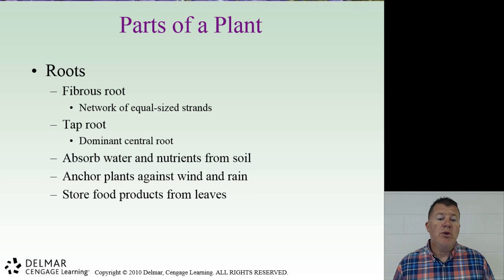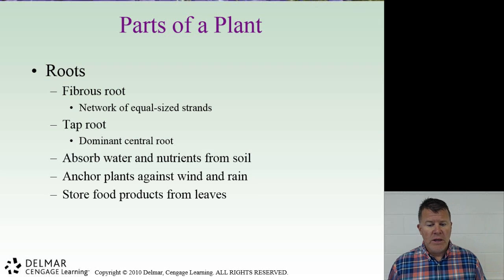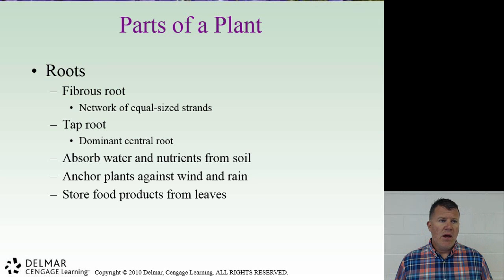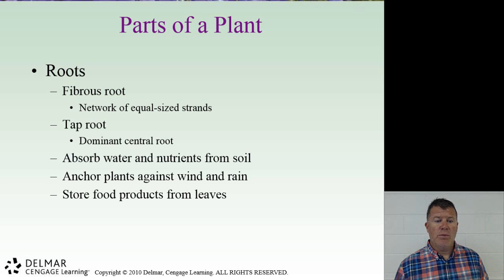Roots are going to absorb the water and nutrients from the soil. They're going to anchor the plants against the wind and rain. Then they're going to store the food products for the leaves. And what makes some of these plant materials good for ground covers and slope stabilization would be the type of roots that they have.